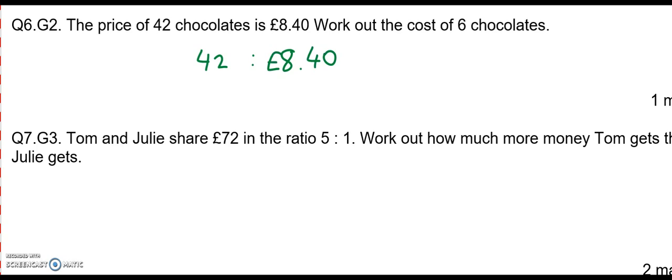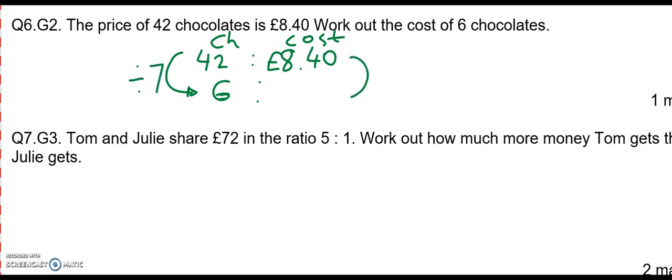So this is chocolates and this is cost. So if we want to work out the cost of only 6 chocolates, what we'll work out is how are we getting 6? What are we doing to 42 to get 6? And that is dividing it by 7.